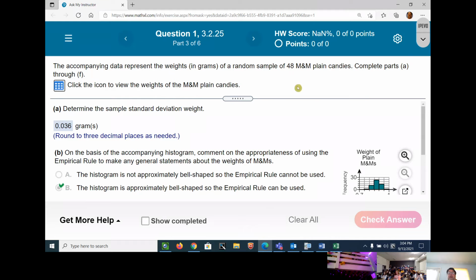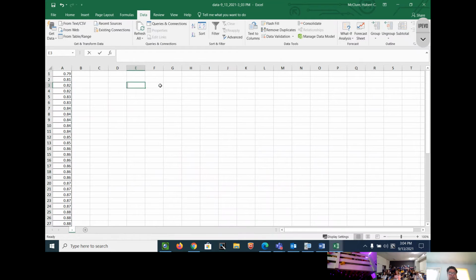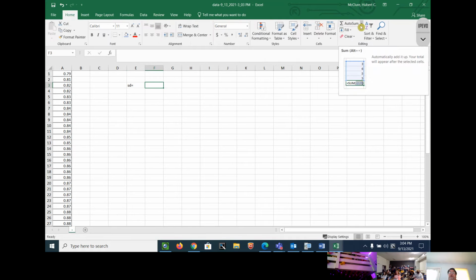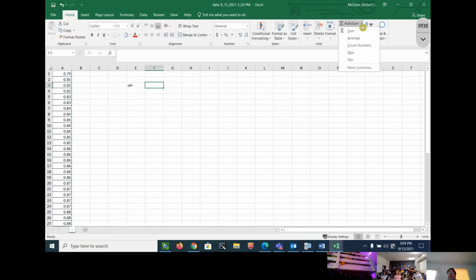Okay. I'm going to show everybody a trick now. Watch. I'm just going to highlight and put standard deviation. Then I'm going to go over here to auto sum, and watch what I do here. More functions.